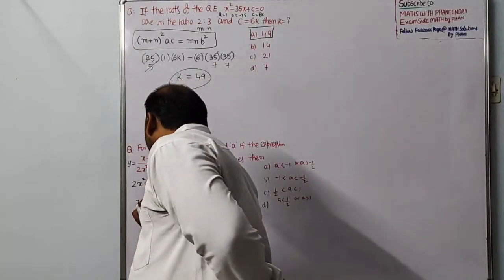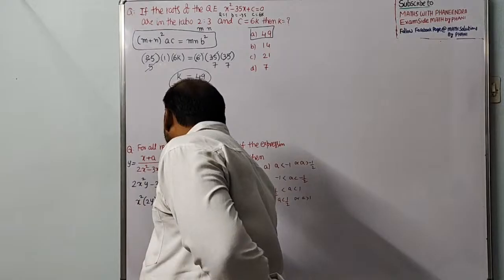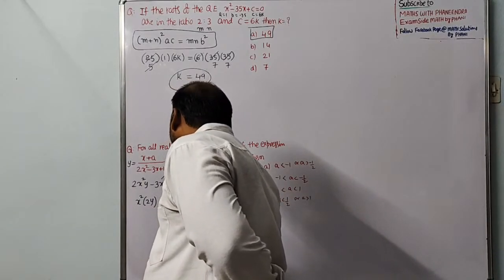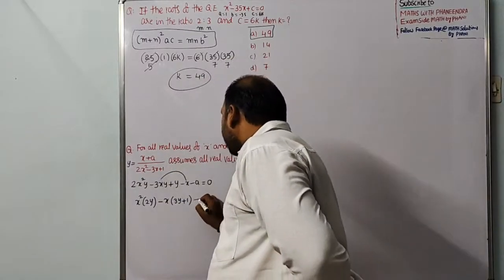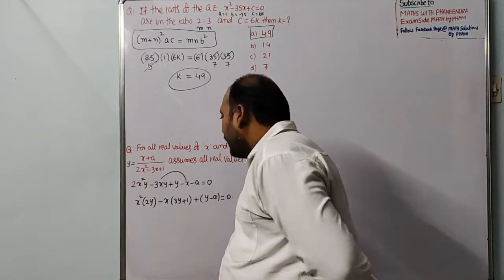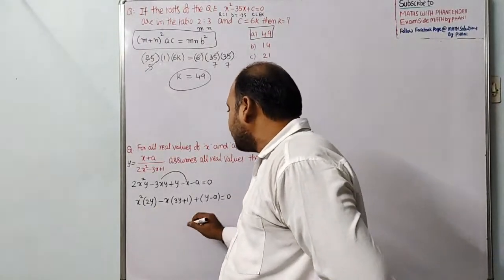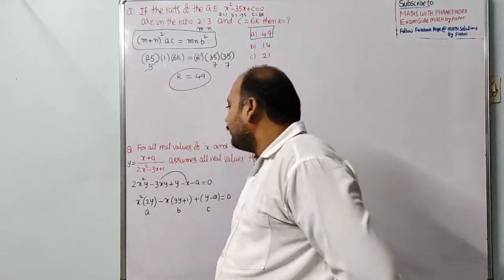Now x square into 2y, and from these two terms minus x we are taking common, 3y plus 1. The rest of the terms y minus a equal to 0. It is in the form of ax square plus bx plus c. This is a, this is b, this is c.